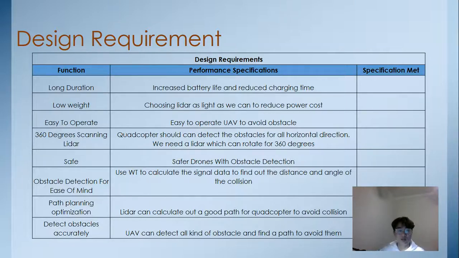We are going to use the WT to calculate the signal data to find out the distance and angle of the collision. Then the next one is path planning optimization. LiDAR can calculate a good path for the quadcopter to avoid collision. The last one is to detect obstacles accurately. The UAV can detect all kinds of obstacles and find a path to avoid them.